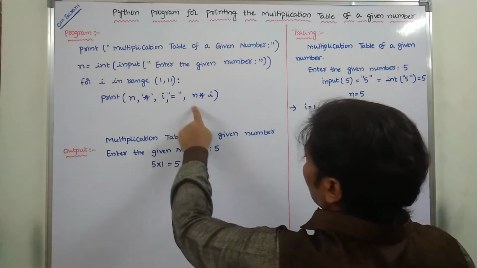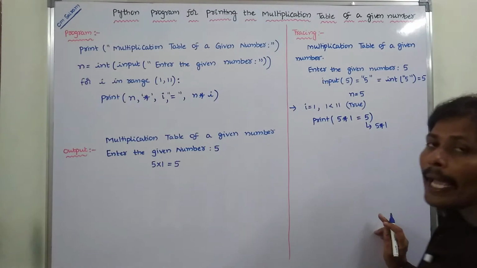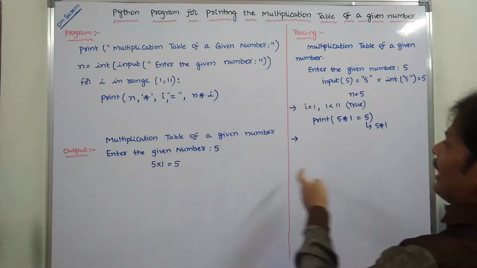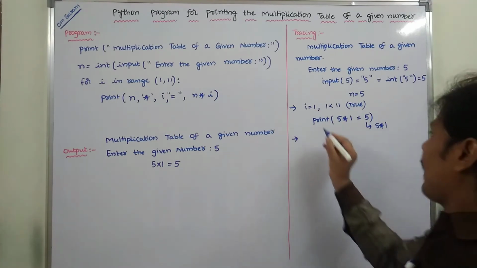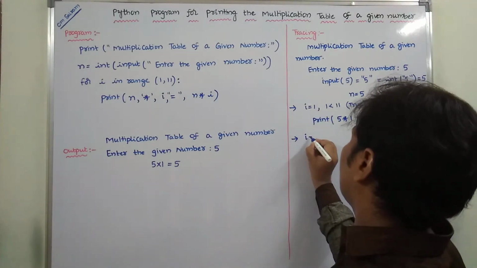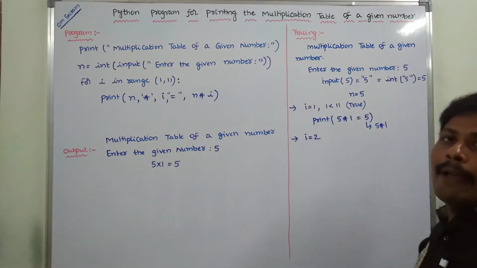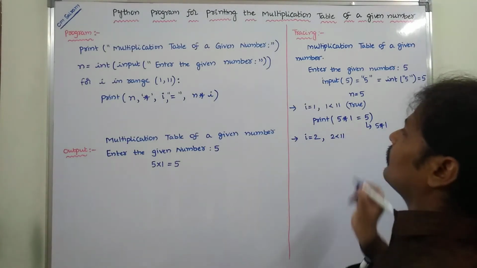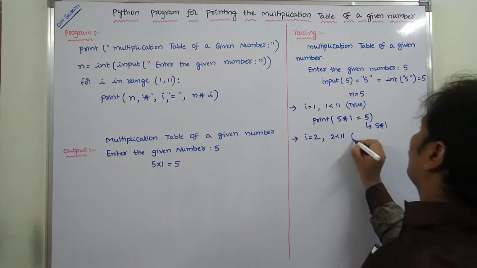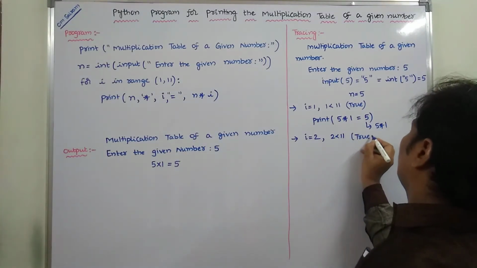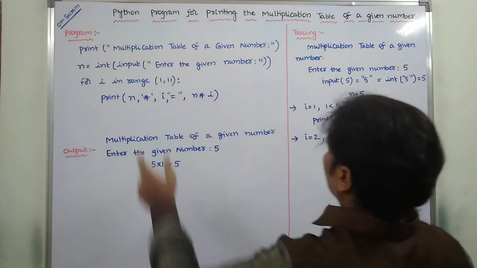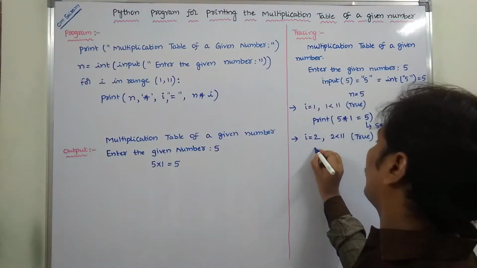Then control goes again to the for loop. Now the I value is incremented by 1. Previously I was 1, now I is 2. 2 less than 11, so the condition is true. Then control goes to the statement within the body of the for loop.